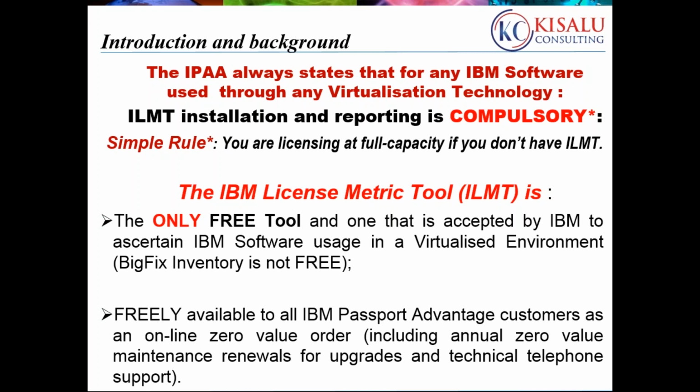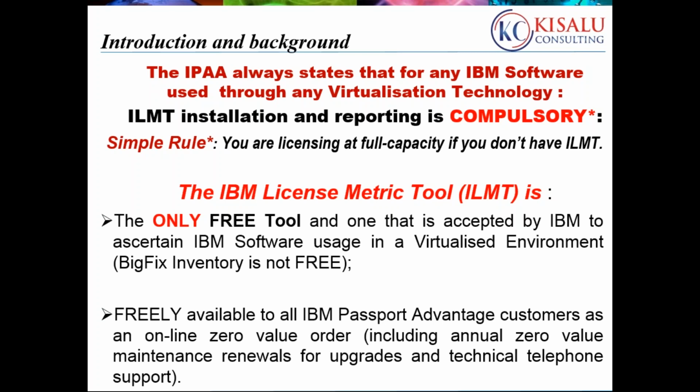So what is the ILMT? The IBM License Metric Tool is the only free tool and the one accepted by IBM to make sure that your IBM software usage in the virtualized environment is properly accounted for. We also have BigFix Inventory, but it is not free.